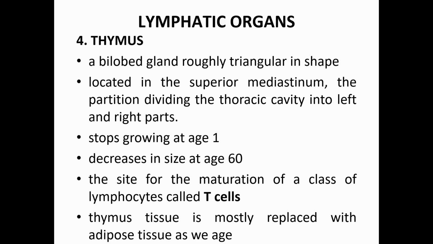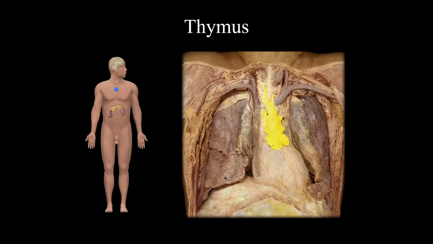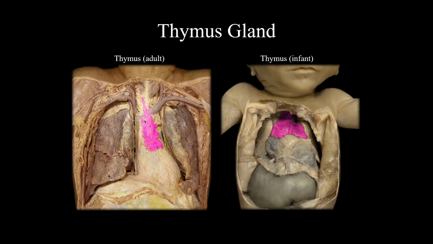The thymus is the site for the maturation of a class of lymphocytes called your T cells. Thymus tissue is mostly replaced with adipose tissue as we age. So this is your thymus. In infants, it is actually much more prominent compared to an adult's thymus gland.